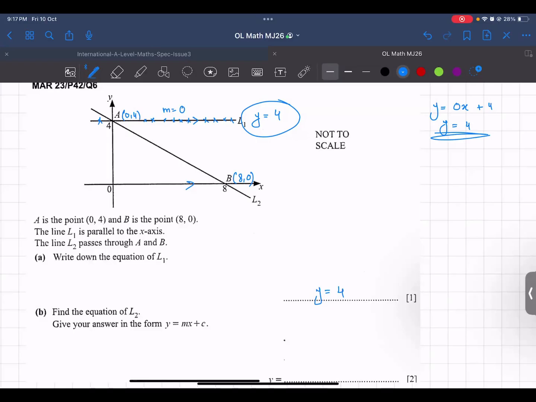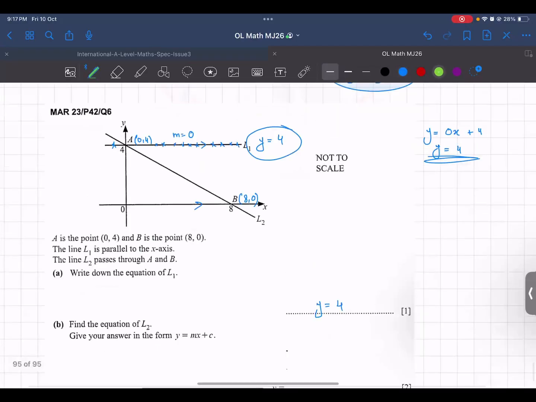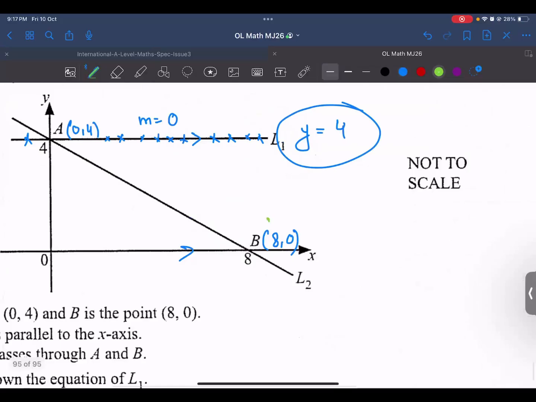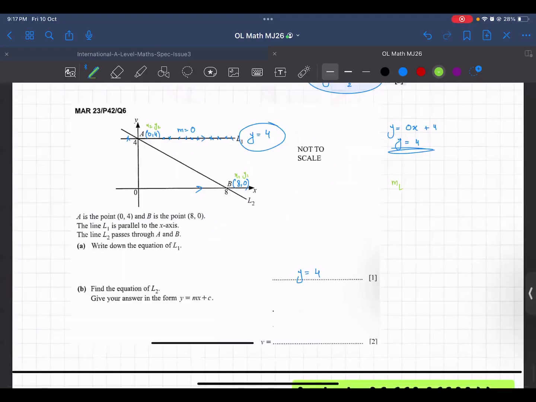Then for line 2, they're asking you to get the equation of line 2. So we would need the gradient. And for the gradient, you would need x1, y1, x2, y2. You can choose any of them. So your gradient for line 2 will come out as y2 minus y1, so 4 minus 0, upon x2 minus x1, 0 minus 8, which will be 4 upon minus 8, which will be minus 1 upon 2 after simplification.